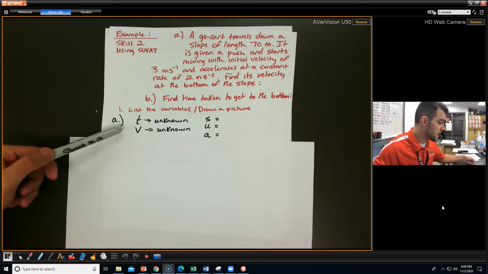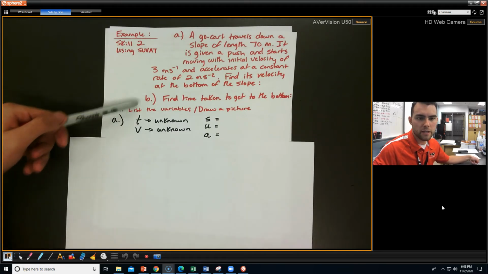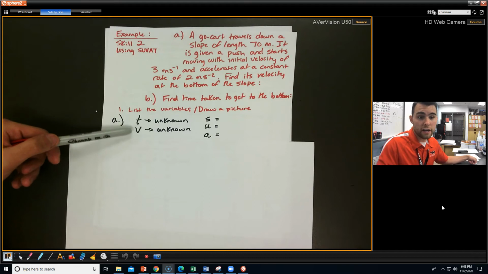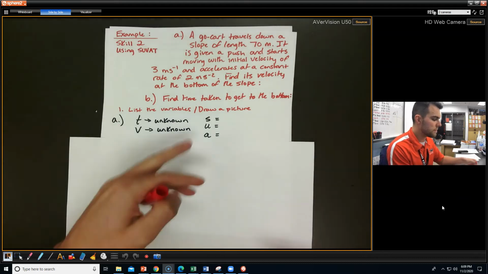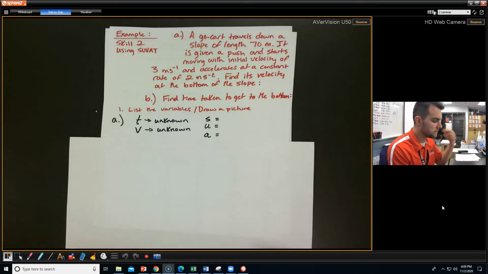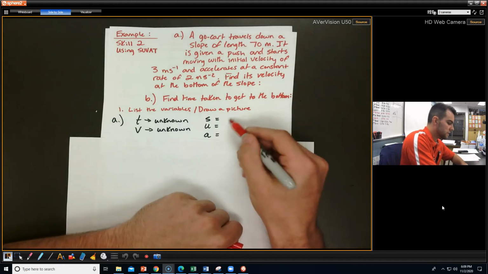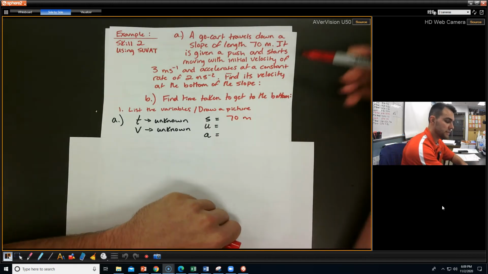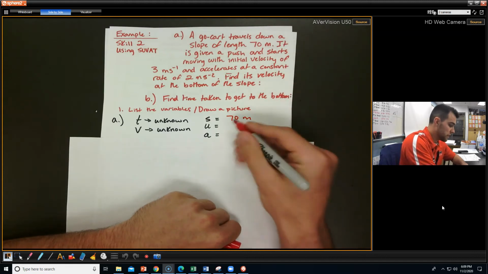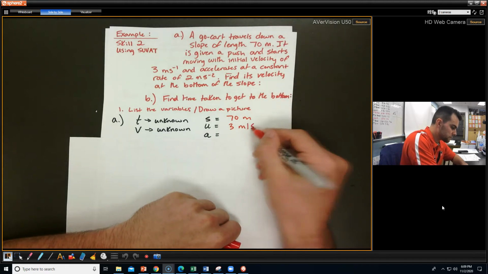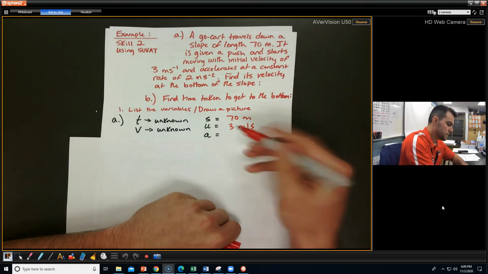We don't know the time. That's what we have to find for part B. I don't know the final velocity, right? That's the velocity at the bottom of the slope. Don't know what that is yet. We got to find it. But I do know what my displacement, my initial velocity, and my acceleration are. This is 70 meters, right? Down a slope of 70 meters. We had an initial velocity of 3 meters per second, and it accelerated at 2 meters per second squared.